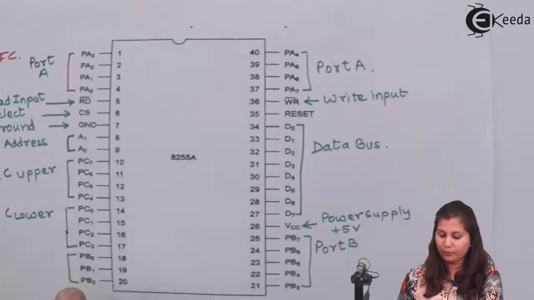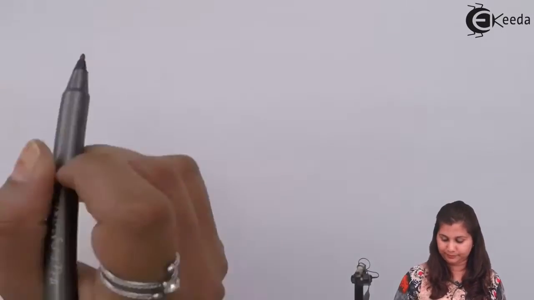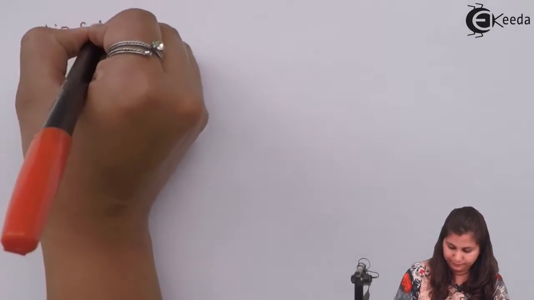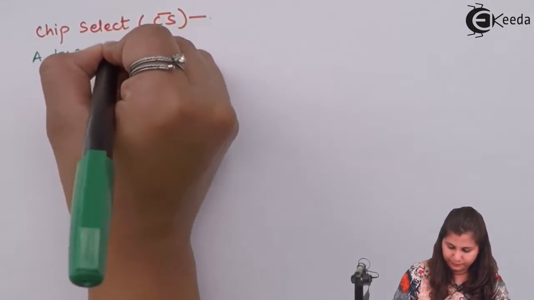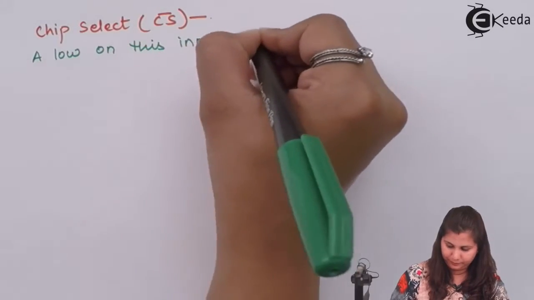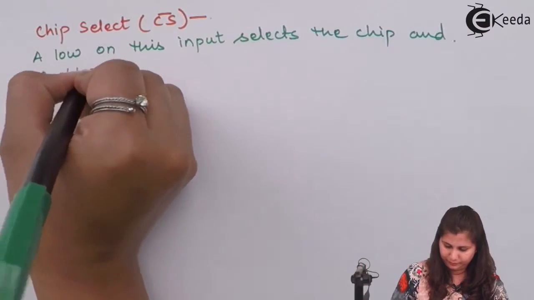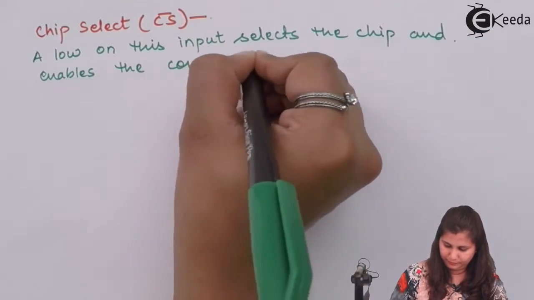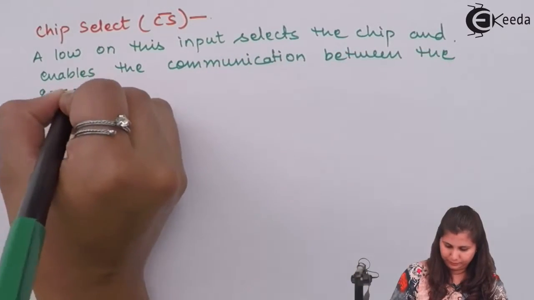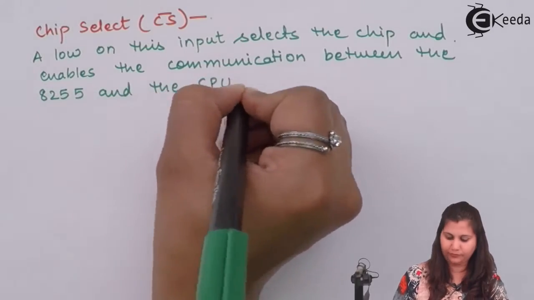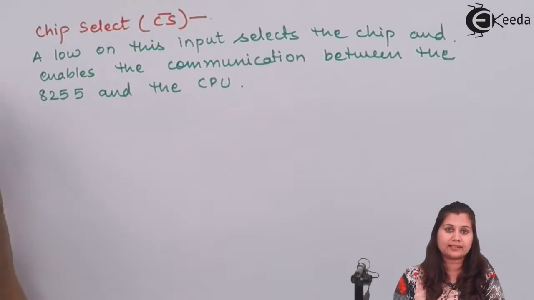First, we will start with the chip select, that is CS. This pin is used to select the chip.